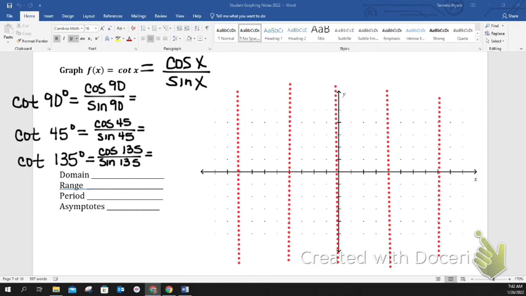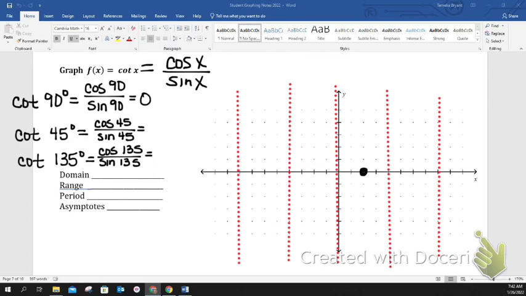So for 90 degrees, you should have 0. So let's go ahead and put a point at 0. So right there, that would be mine. And then what about the cotangent of 45 degrees?